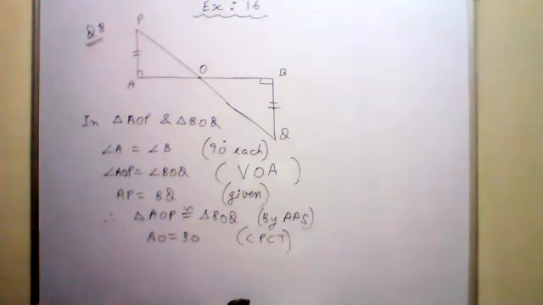Okay, exercise 20.2. The areas of the rectangles are given below along with one of the sides. Find the measure of the other side. This we have to do in book only.